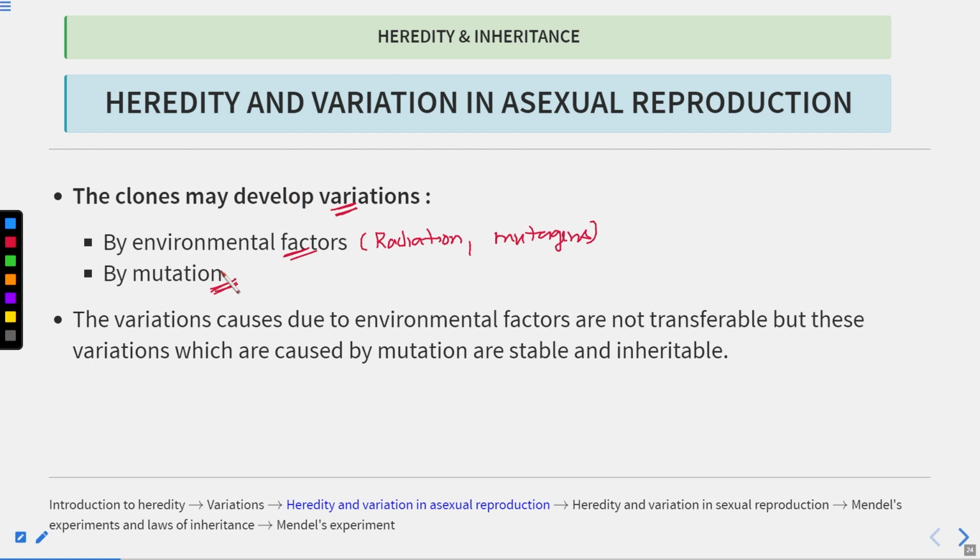Another way of developing variations is mutations. So there can be single base pair mutations. These mutations can lead to variations. Now the variations caused by environmental factors are not transferable, but the variations caused by mutations are stable and inheritable.